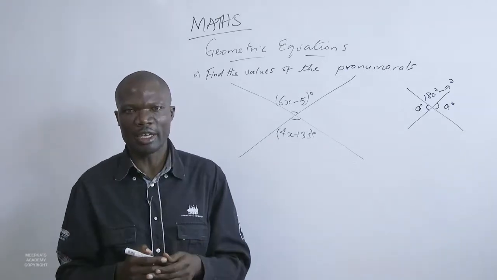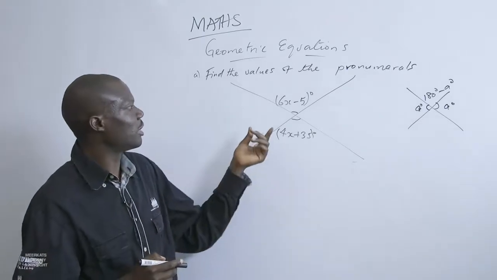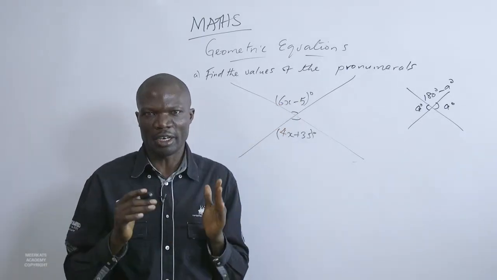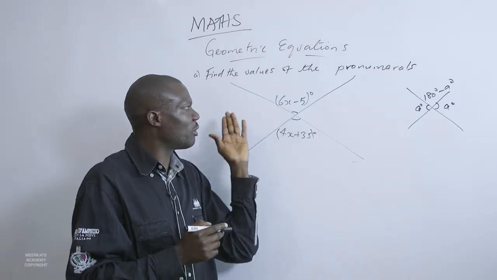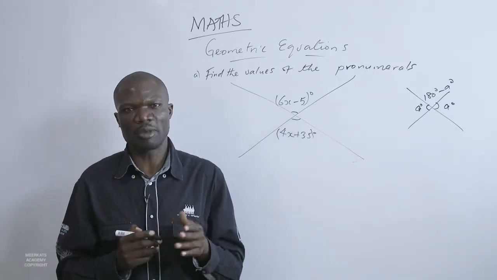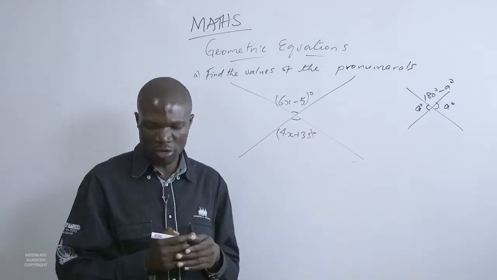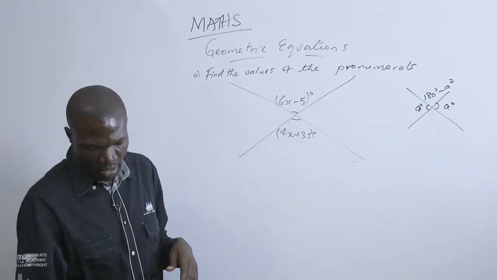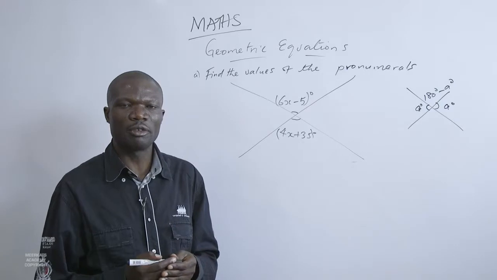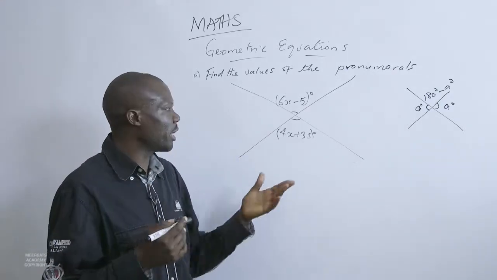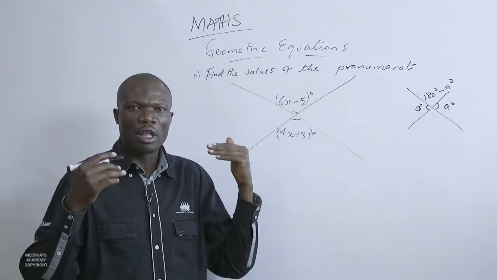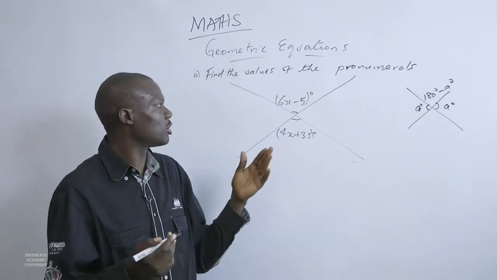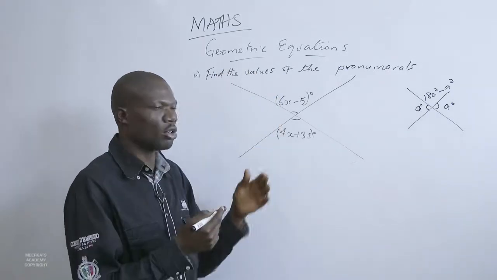So for this particular case, we must know that opposite angles are equal. Since we have been given one of the angles as 6x minus 5, and another angle as 4x plus 35, we need to bring in the idea of opposite angles and equivalent equations to solve this.